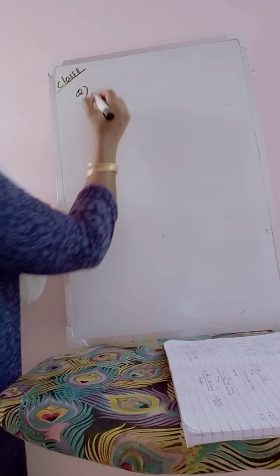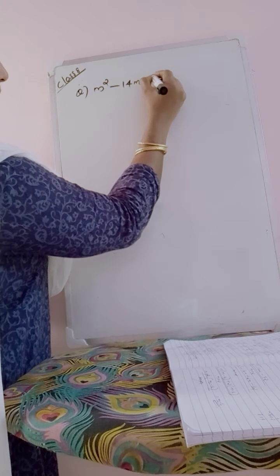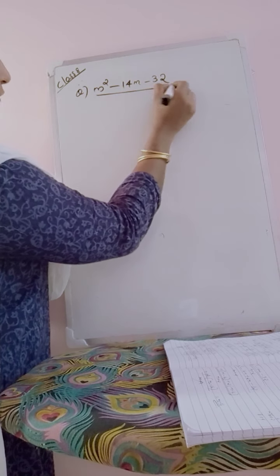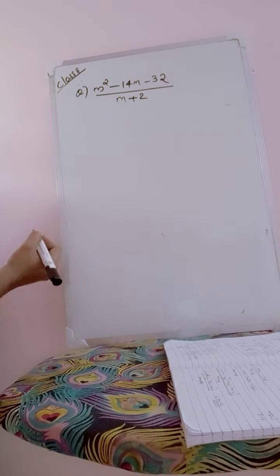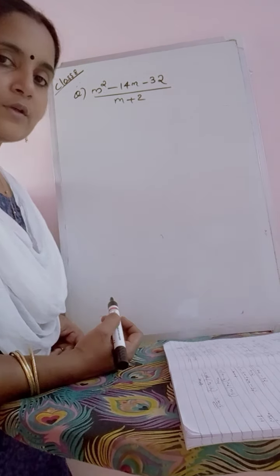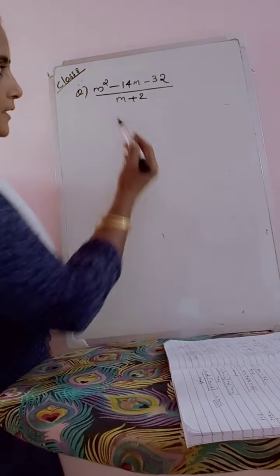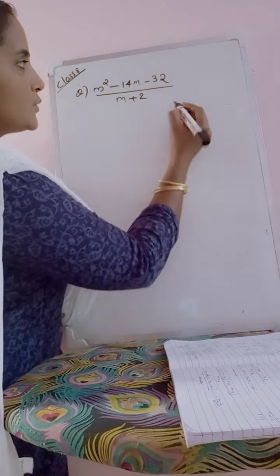Another question. M square minus 14m minus 32 divided by m plus 2. Okay. Same as the previous one. But first we find out the factors of the numerator, that is m square minus 14m minus 32.